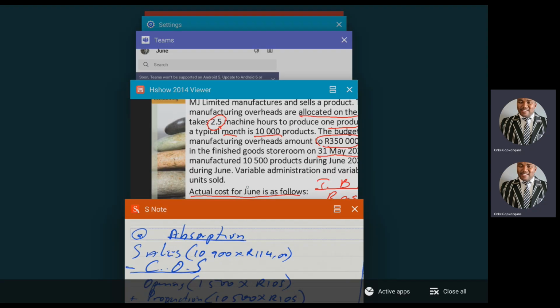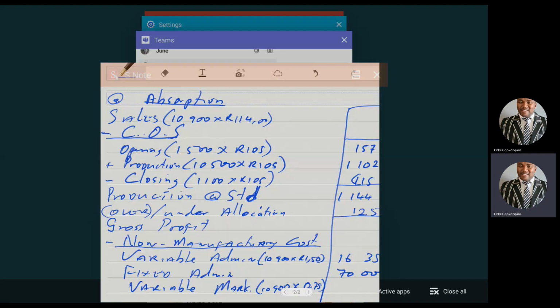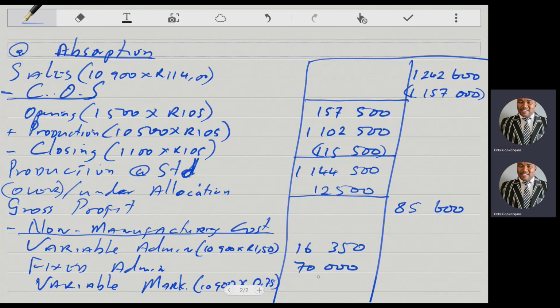So is it 70 cents or 75? Oh, 75 cents. That gives us 8,175.